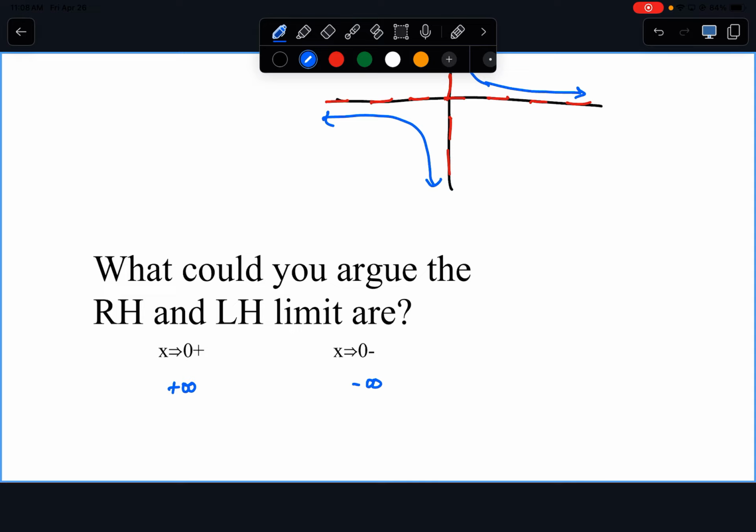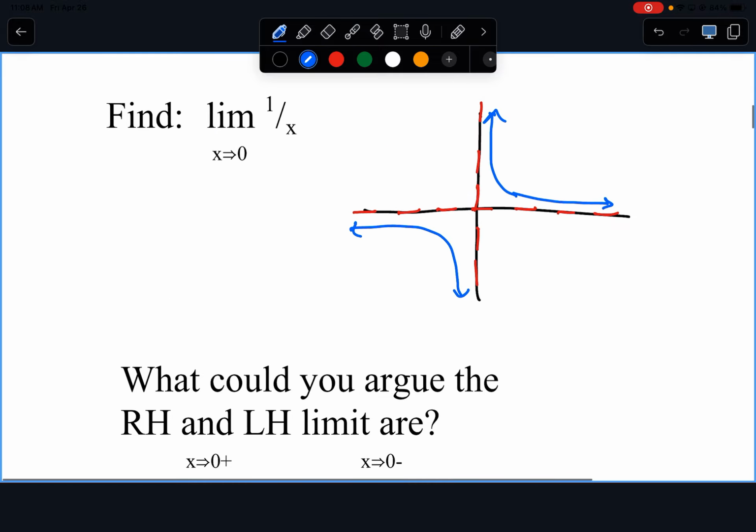Okay, remember that's what you're checking. If the limit from each side approaches the same value, then that's the limit. If it doesn't, like we have here, then you don't have a limit. So this limit does not exist because you're not approaching the same thing from each side. Reason why I started with this, 2 reasons.